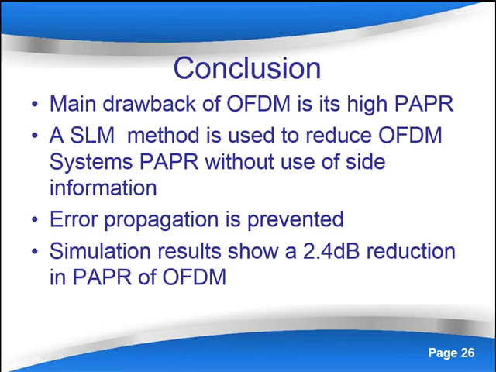Using this method, error propagation is prevented. The computer simulation results show that for LDPC code with a code rate of half, a 2.4 decibel reduction in PAPR of the OFDM signal is achievable without remarkable BLER degradation.